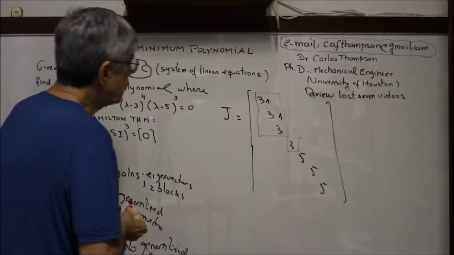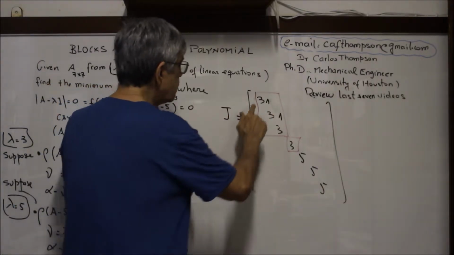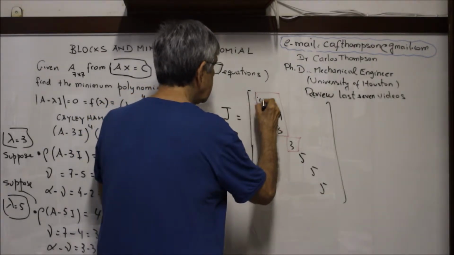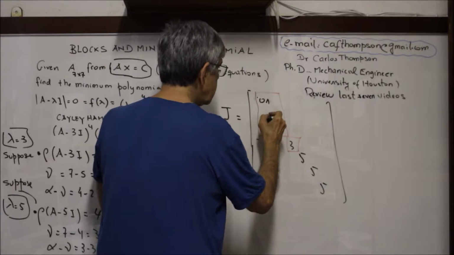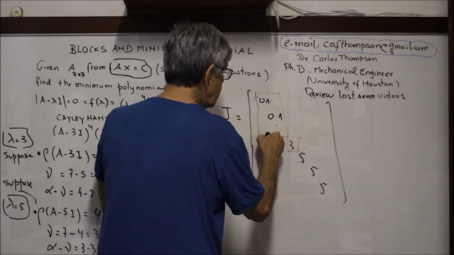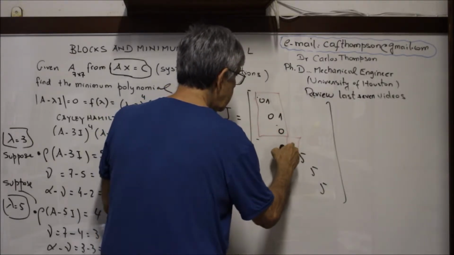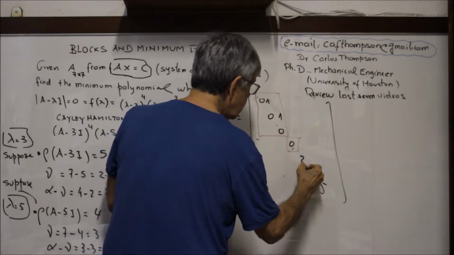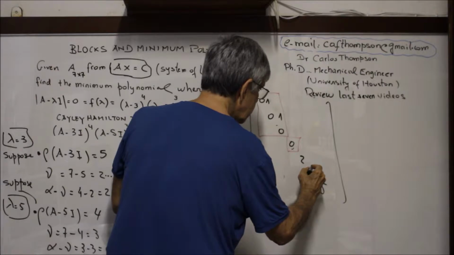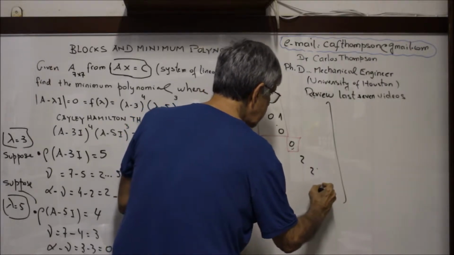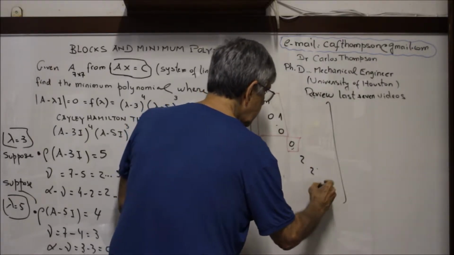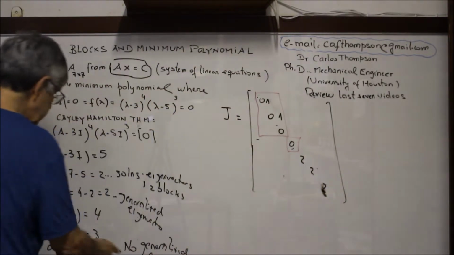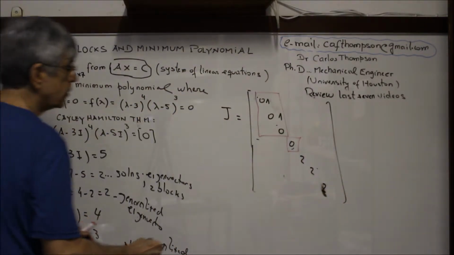Look, J minus 3I, I'll just put here 0, here 0, here 0, and here 0. 5 minus 3 is 2, 5 minus 3 is 2, 5 minus 3 is 2. There is no one here because there is no generalized eigenvector.